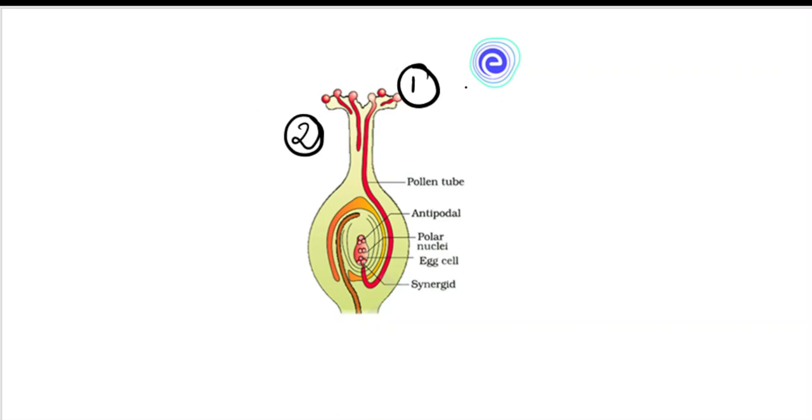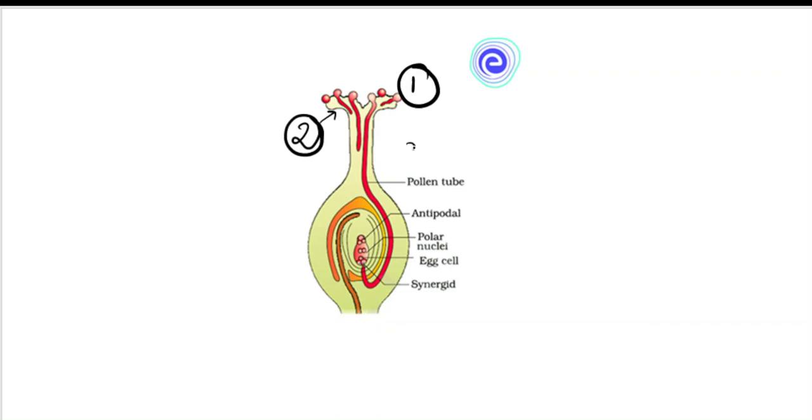The stigma will detect whether this is a pollen it recognizes, whether there is some compatibility, whether it is of the same species or not, whether it is good to take or to be discarded if it is of the wrong type. That will happen in the second step.